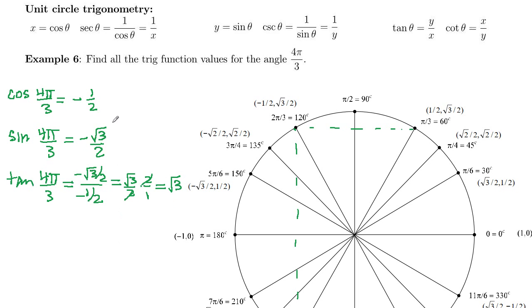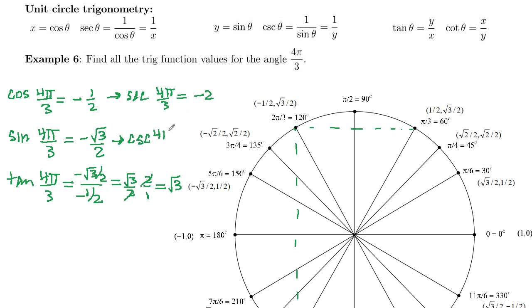And then the other trig functions, secant is the reciprocal of cosine. So secant of 4 pi over 3 is then equal to the reciprocal here, which is negative 2. Cosecant is the reciprocal of sine.